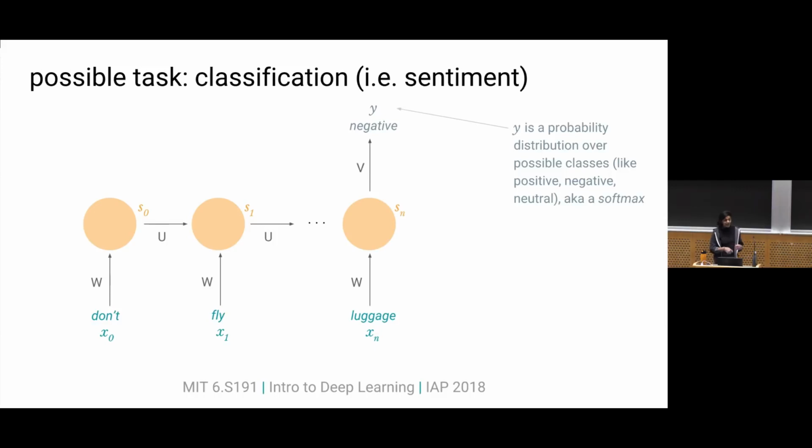And so we'll take in the entire sequence, the entire tweet, one word at a time. And at the very end, we'll produce an output, which will actually be a probability distribution over possible classes, where our classes in this case would be positive, negative, or neutral. Note that the only information that is producing the output at the end is the final cell state.